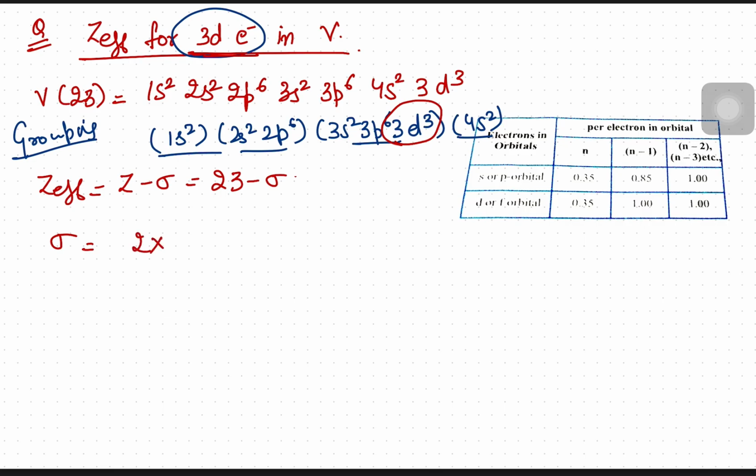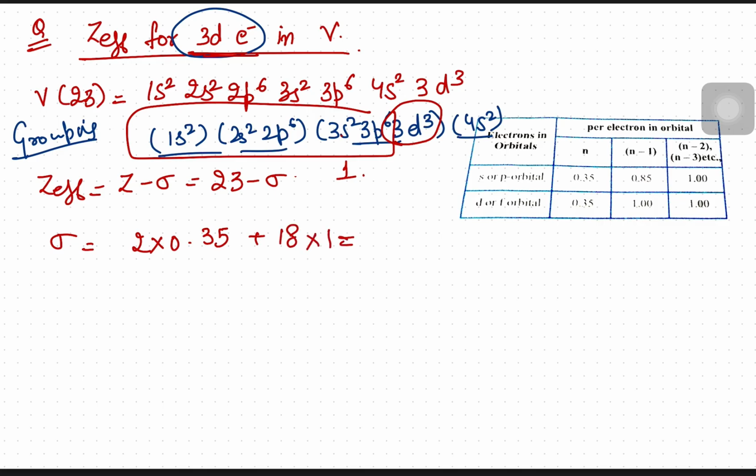They will contribute 0.35, and the remaining will contribute 1. So it is 6 plus 2 is 8, 8 plus 8 is 16, plus 2 is 18. 18 will contribute 1. So this is the rule for the electrons which are in 3d.